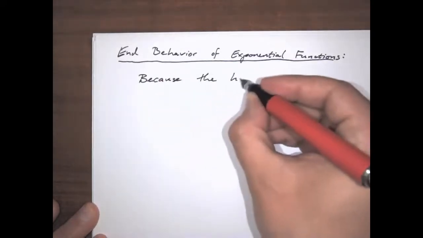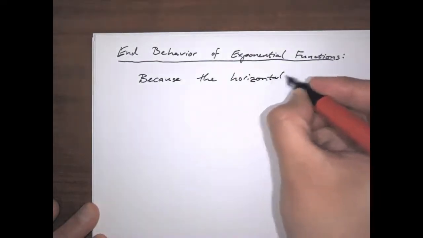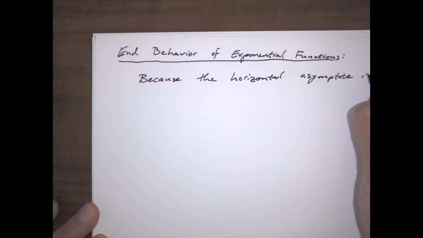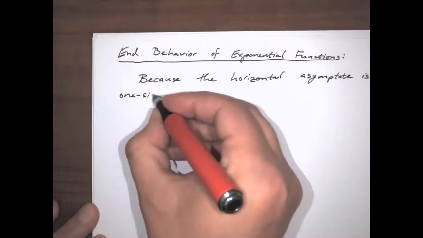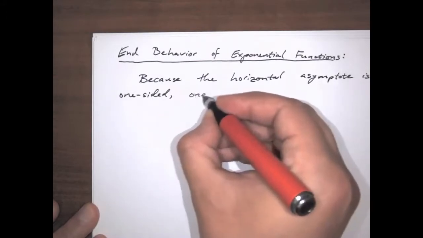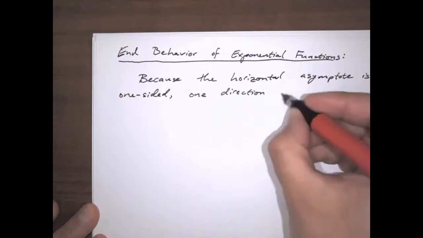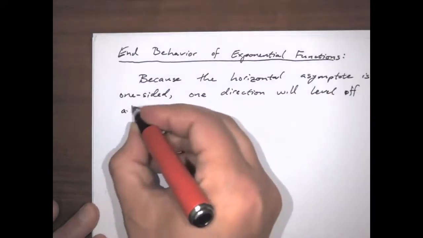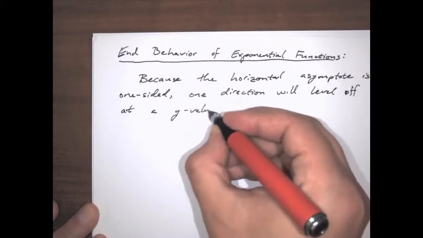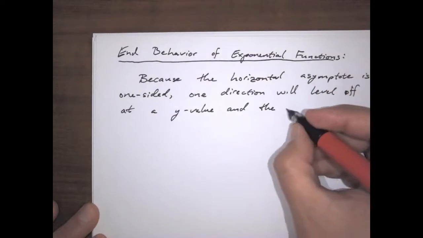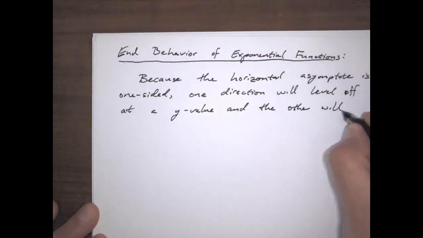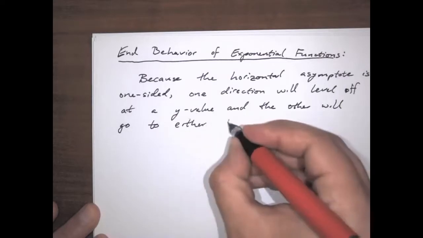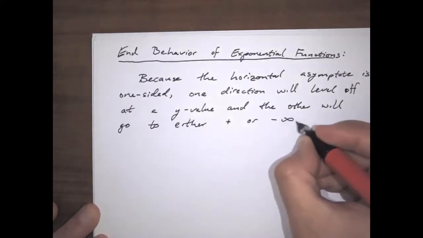Because the horizontal asymptote is one-sided, one direction will level off at a y value, and the other will go to either plus or minus infinity.